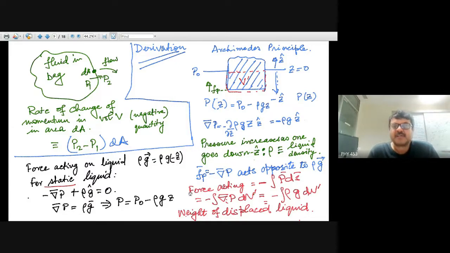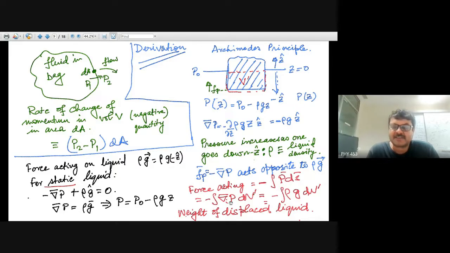So the total force acting is basically minus P dS, right? Because this is the force on a volume, and you can write it as a surface integral.